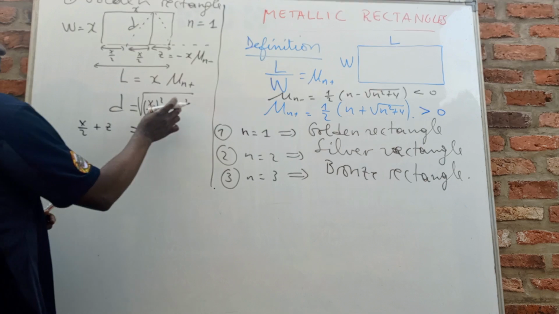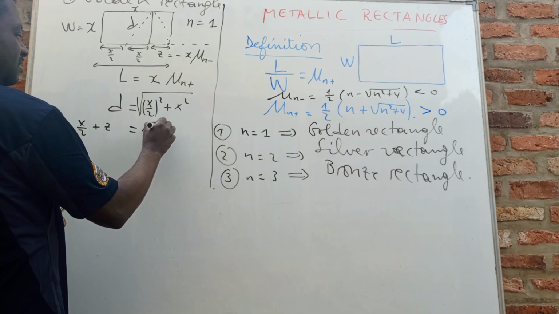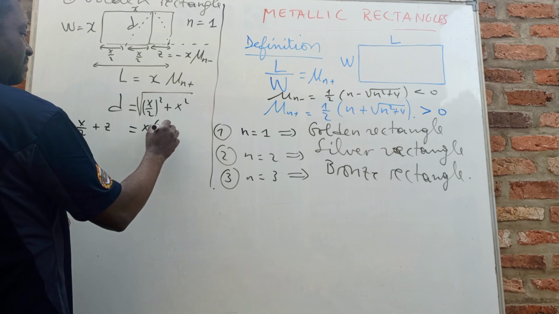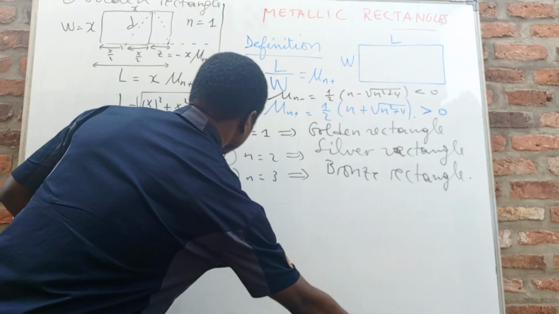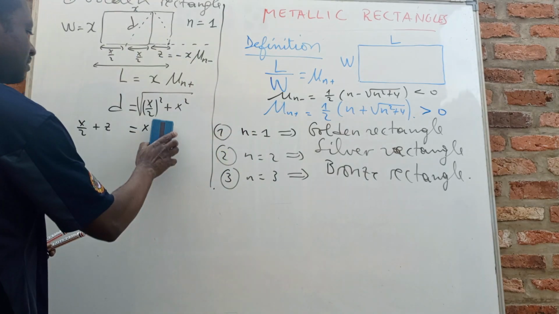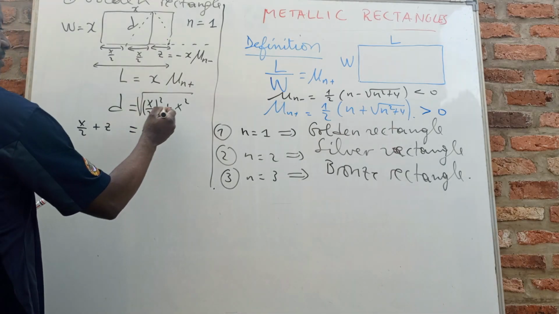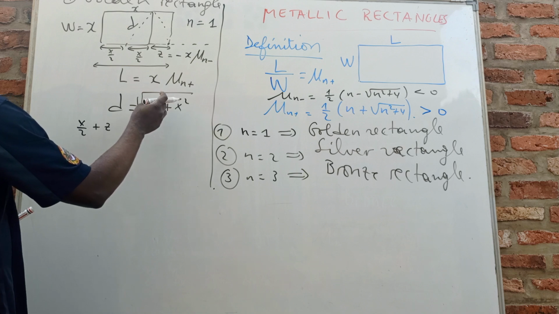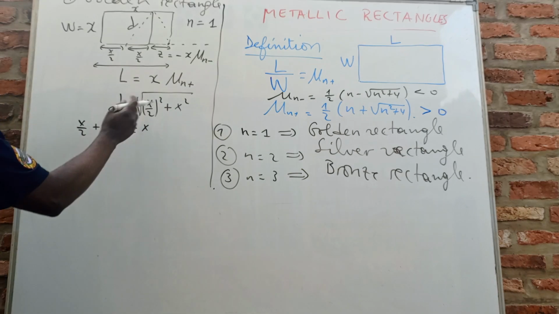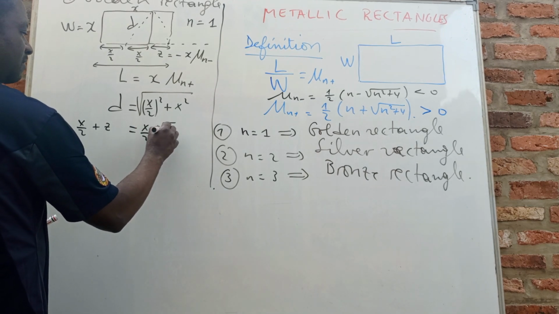After writing correctly, it is x over 2 times the square root of 5. So this is 4 plus 1, x squared, it is 5x squared over 4, it is x over 2 times the square root of 5.